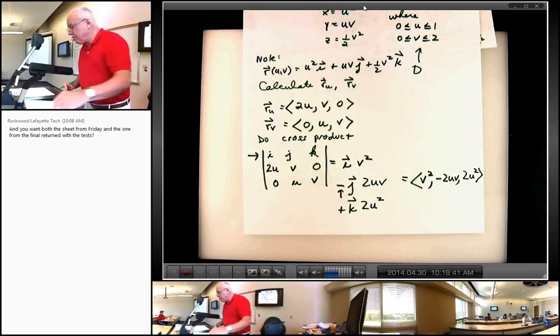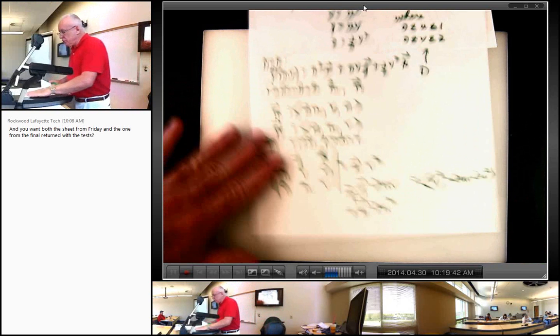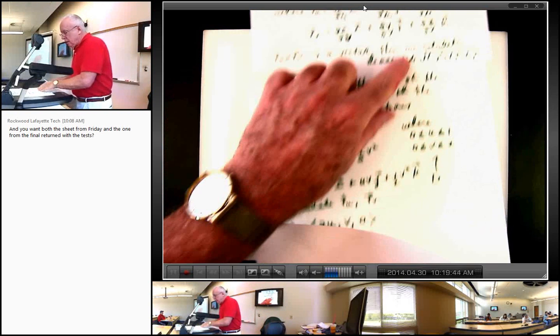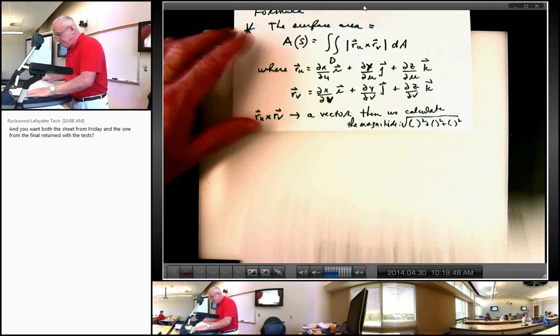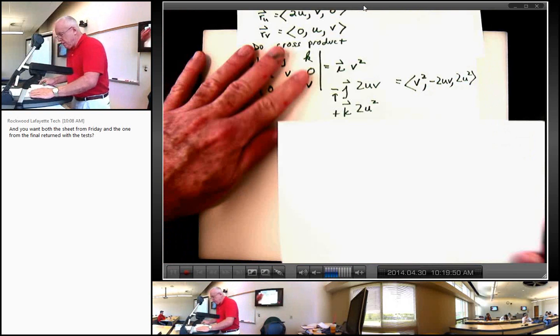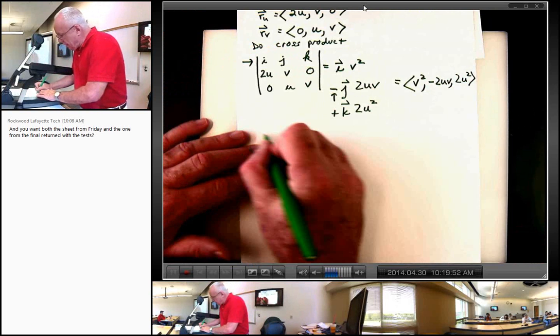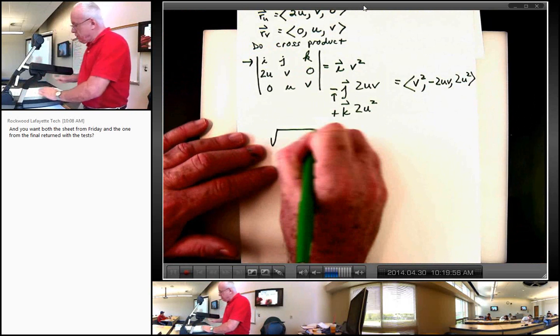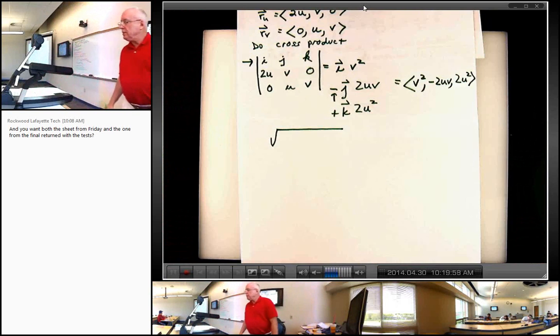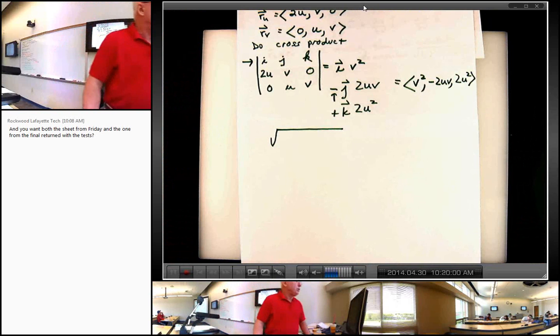Now, once we have the cross product, what we have to do is calculate its magnitude. So let's see what we get here. We're going to have the square root of the square of each of the components.